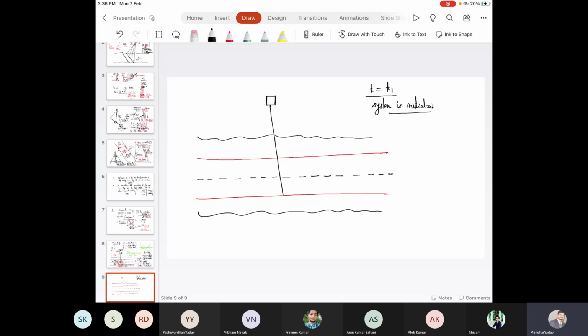Let's say this laser beam is hitting over here. And corresponding to T1, the range R1 and scan angle θ1 are recorded.